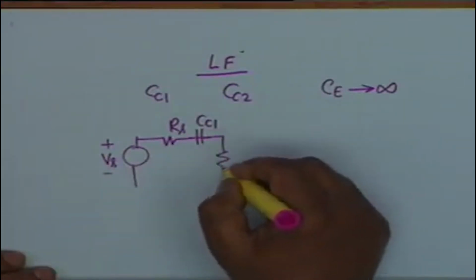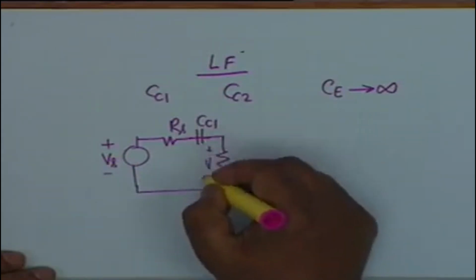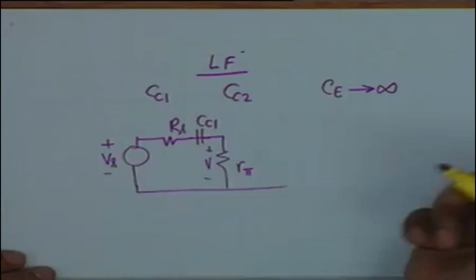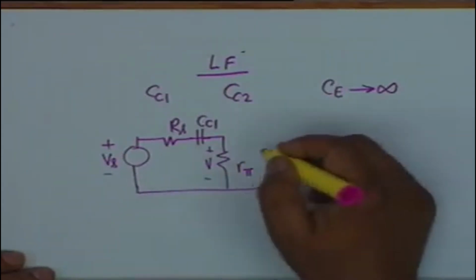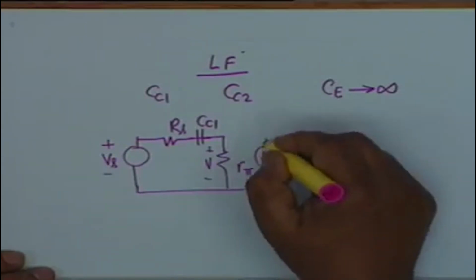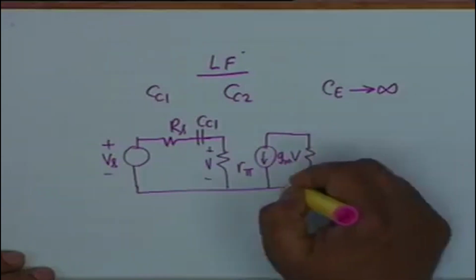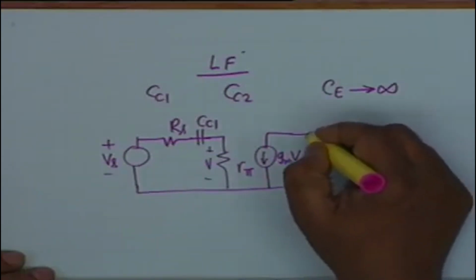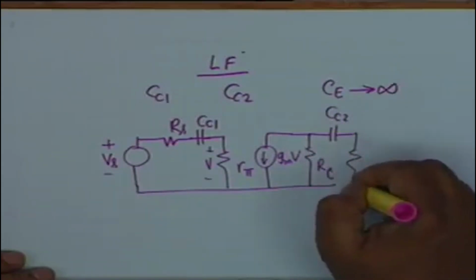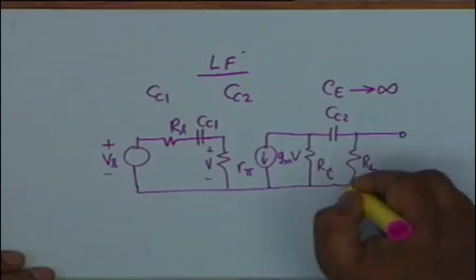We have the R pi, and this voltage is V. You see the advantage of having V instead of current, I sub B. Then we have GMV in parallel with RC. Then we have the second coupling capacitor CC2 and the load resistance RL. This is V0.